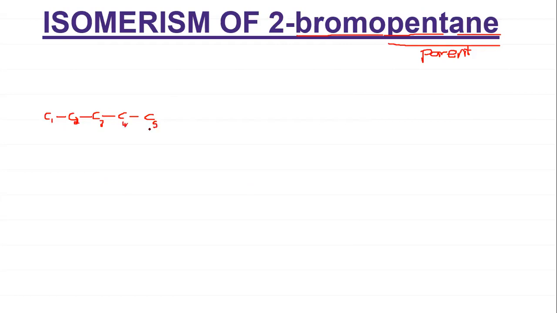Now, my dear learners, this is for teaching purposes. Remember, we don't want you to show us how you've actually numbered the carbons. Then I know on carbon number 2, I need to have a Br. Now, remember your bromine, it's a capital letter B with a small letter r.